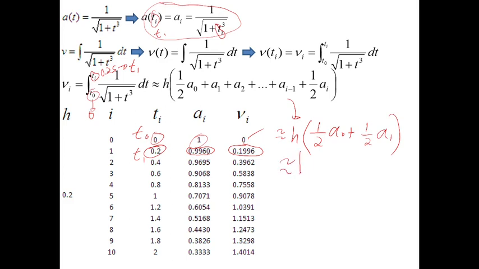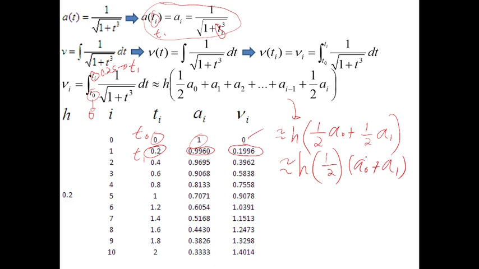That is h times 1 half a sub 0 plus a sub 1. That is only a single trapezoid.